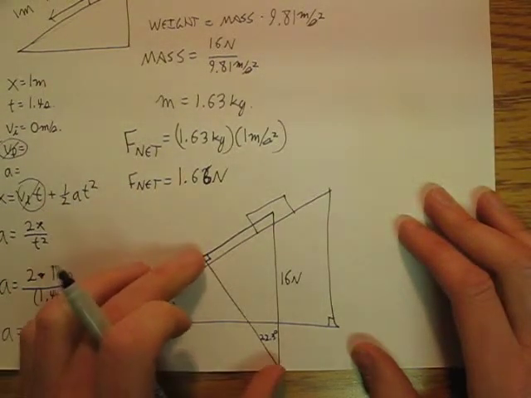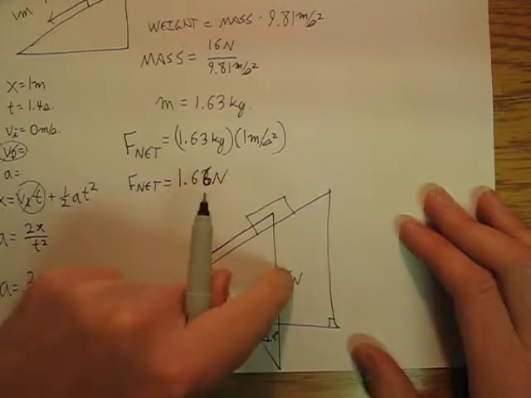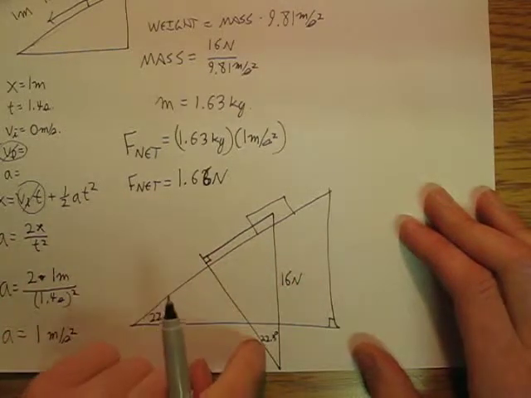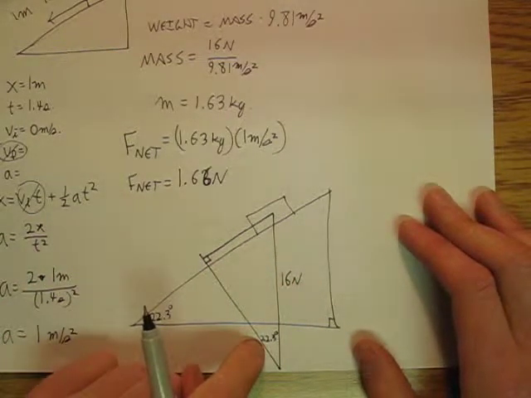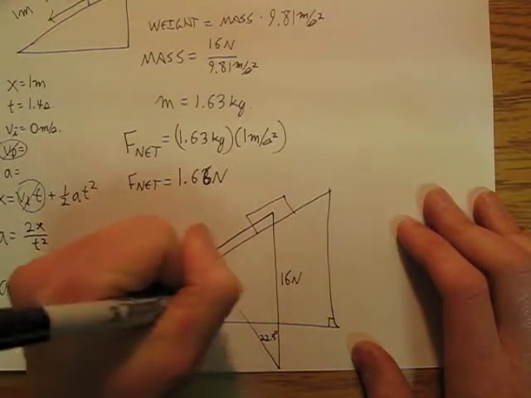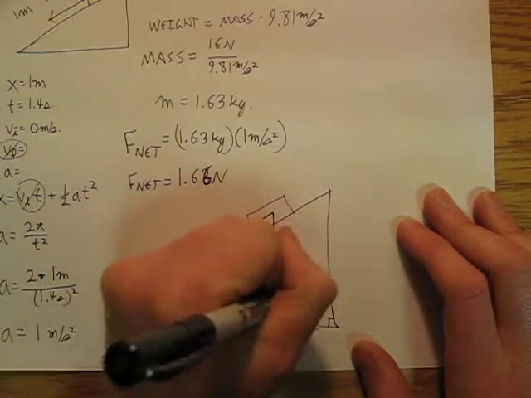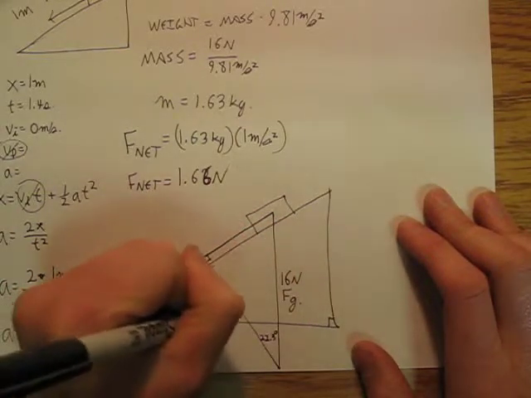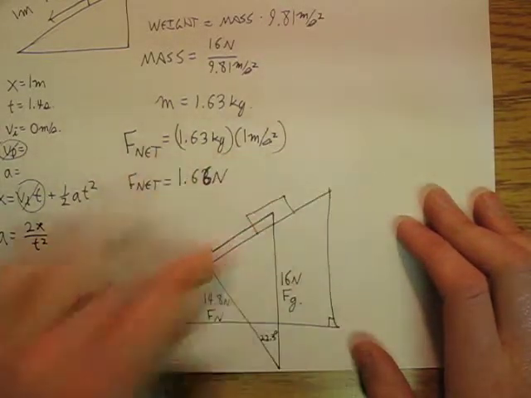Now we found force normal. Force normal is 16 newtons cosine 22.3, and we figured out that force normal was 14.8 newtons. That's force normal, perpendicular to the surface.